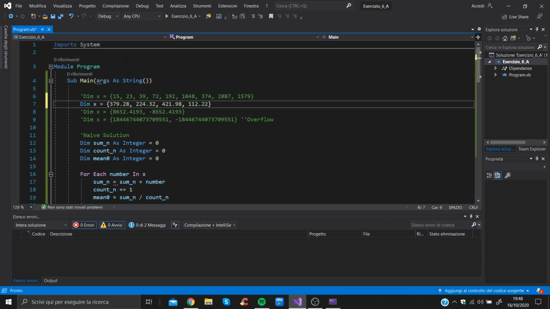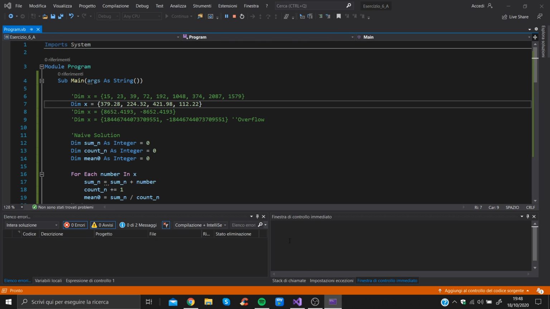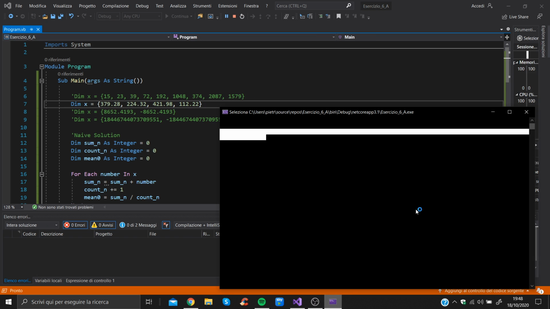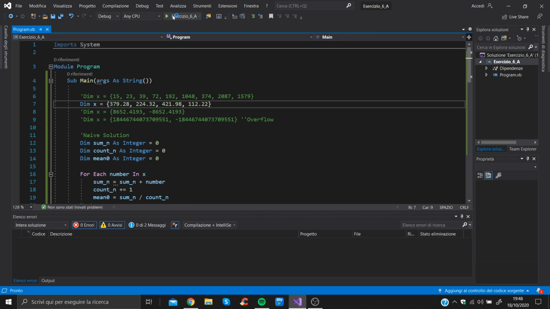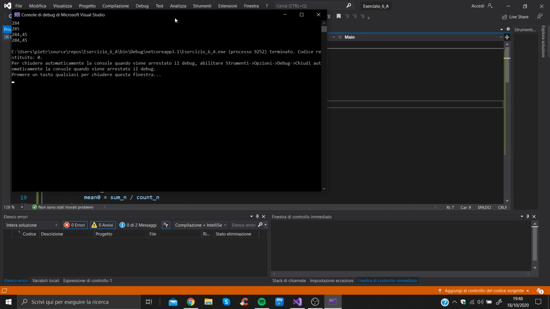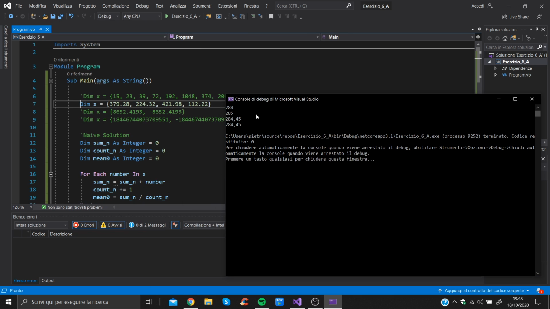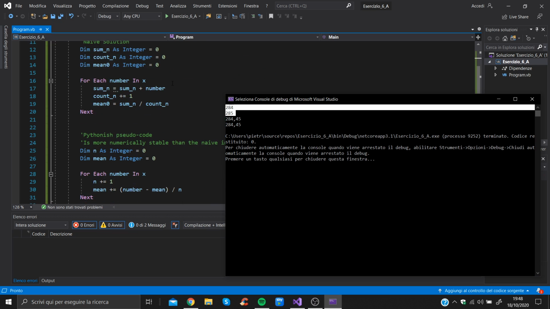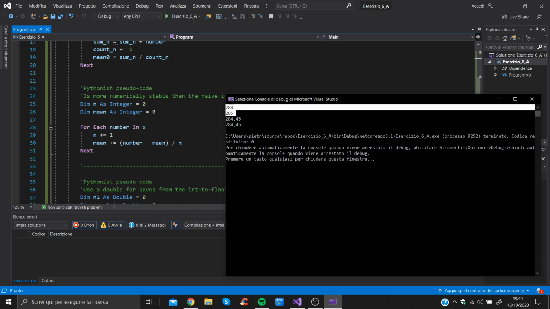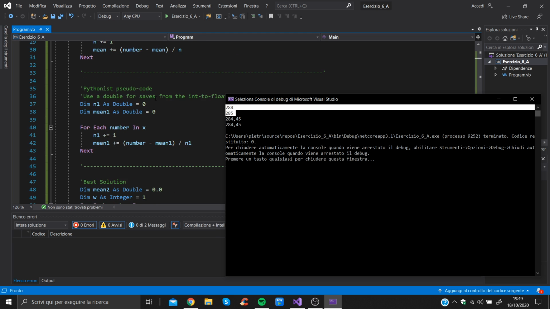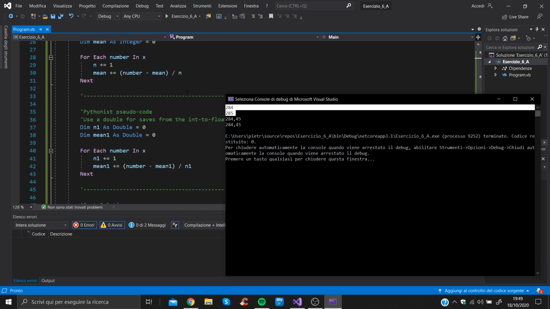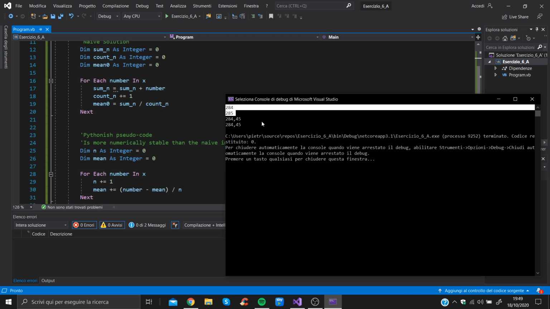As we can see here, we have a little difference. Why? Because the Pythonist solution, without the conversion to double, is basically rounded to 285.